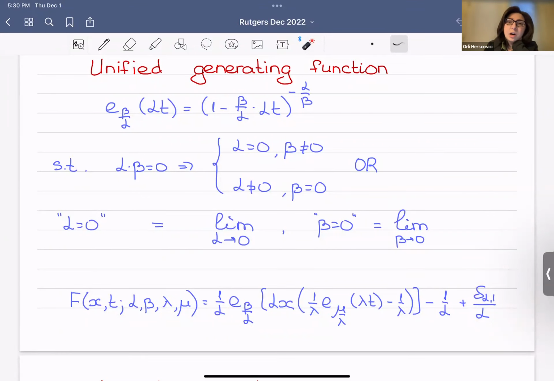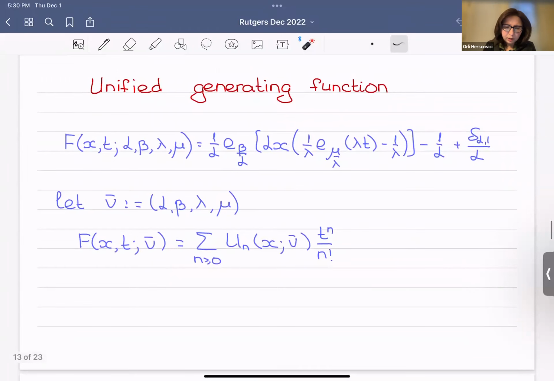And this is our compensation for the difference between the two functions, deformed exponential and deformed logarithmic function. So this term will be equal to 1 only in case alpha equals 1. Otherwise, it's just 0.